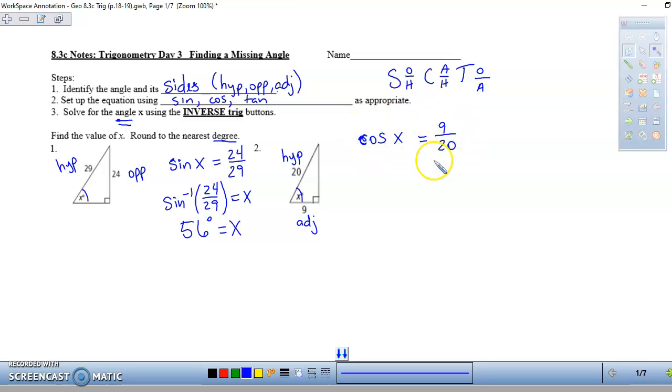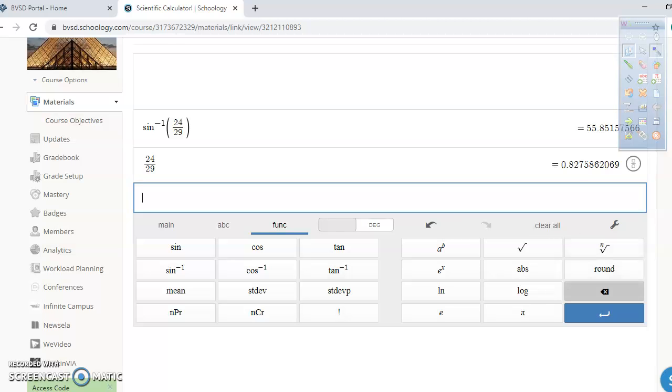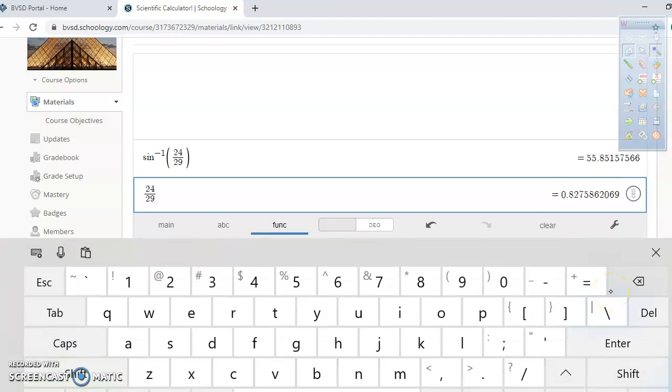That should be your setup. And again, if I'm solving for an angle, I can't plug this in the calculator, so that's when I'm going to use my inverse trig, equals x.